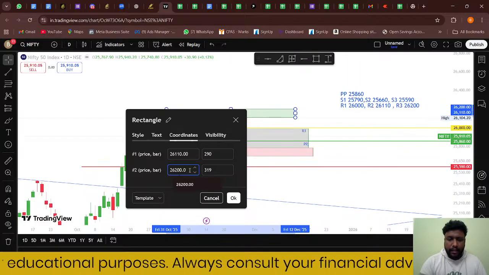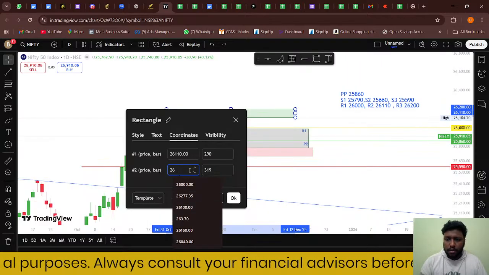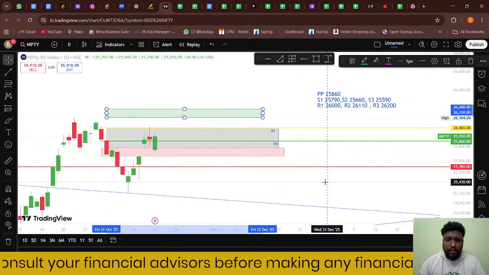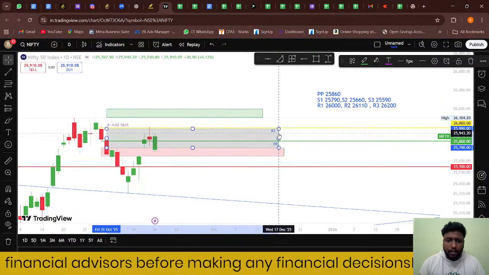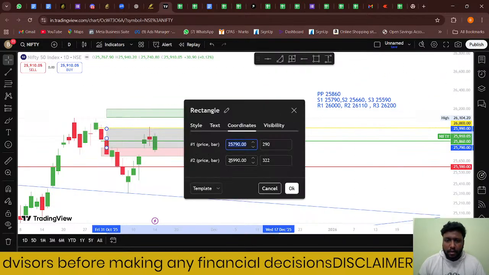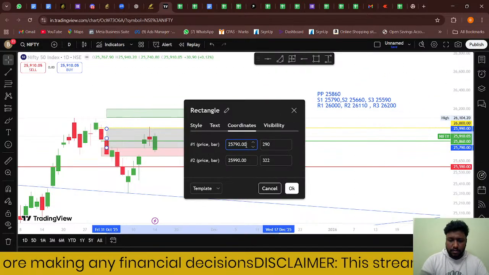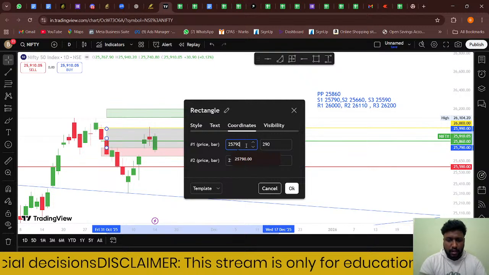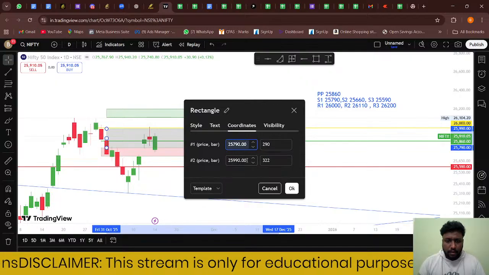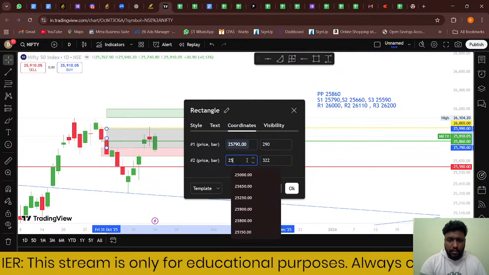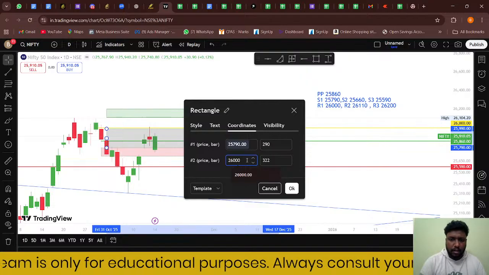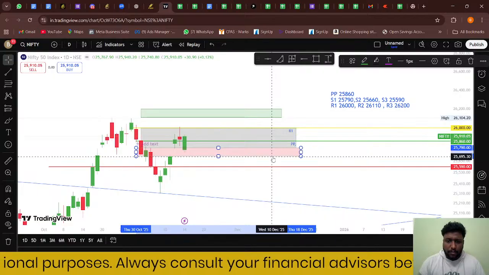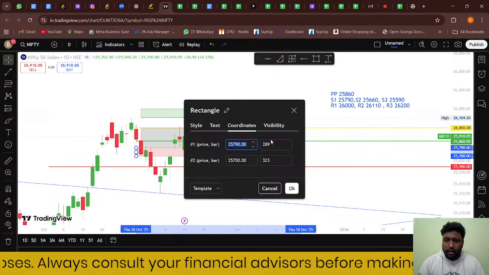Slight increase in the R2, and 26,200 will be the R3. So this is similar to the previous day itself, with slight changes only. Support 1 is at 25,790 only, and R1 is at 26,000. Slight changes. On the bearish side, we will mark it and explain.